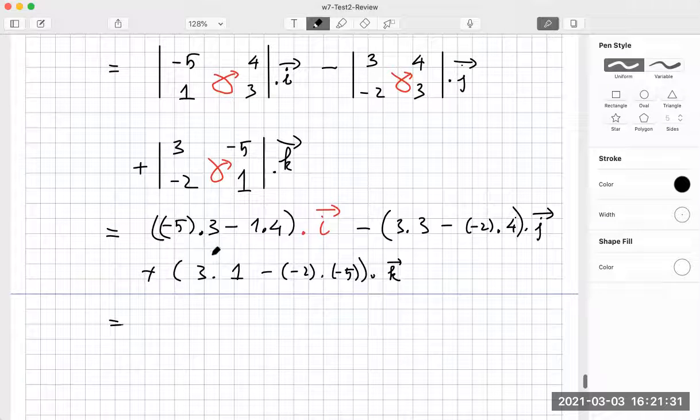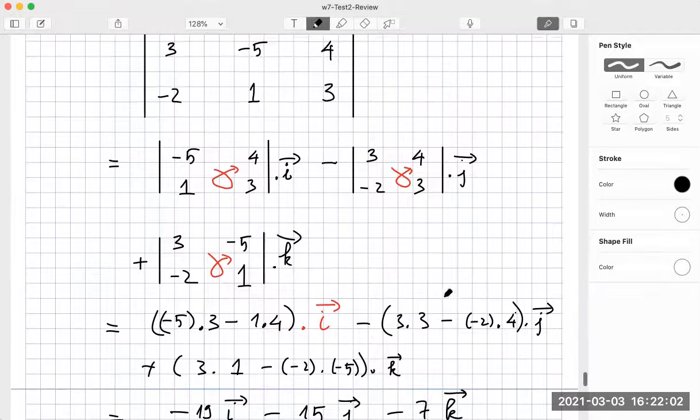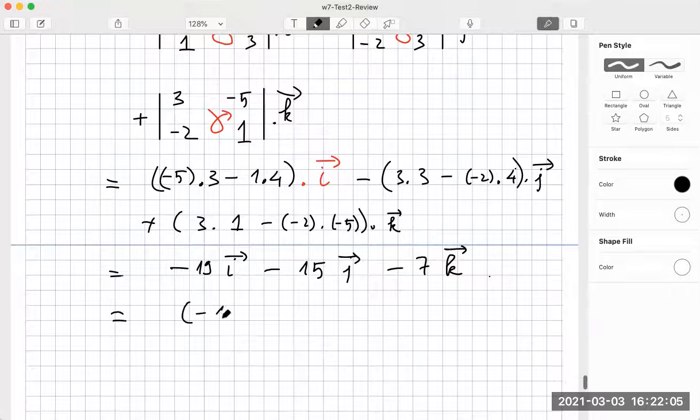Negative 5 times 3 is negative 15, minus 4 will be negative 19 i, minus here it will be 9 plus 6, it will be 15 j, and 3 minus 10 will be minus 7 k. Or we can write it in vector terms: negative 19, negative 15, and negative 7.